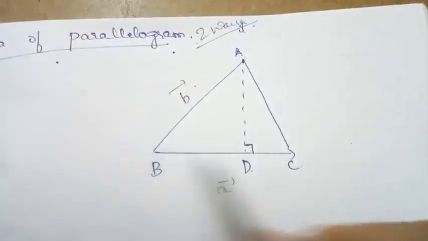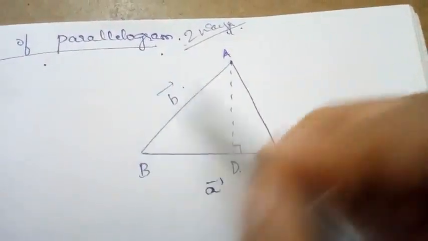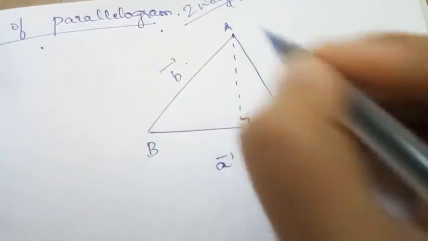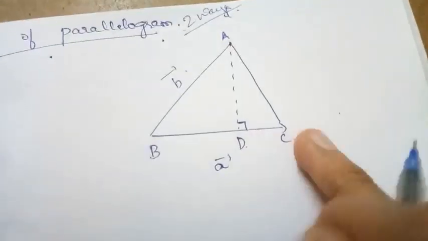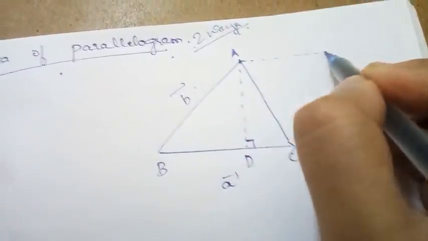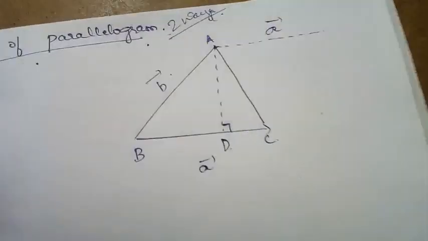The first way is, you can see here the triangle ABC, where BC is our vector A and AB is our vector B. Suppose I draw, since it is a free vector space, this vector BC, I can take the vector A similarly here. So this is also equal to vector A, which is parallel to BC.